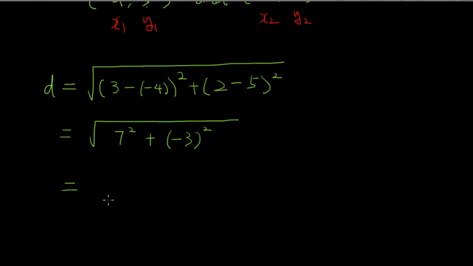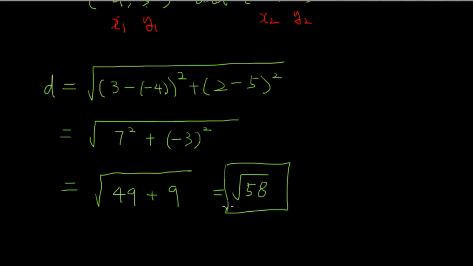And that would be 7 times 7, 49, plus 9. So that's the square root of 58. And that's a fine answer by me. You don't have to put it in the calculator and get the estimated value. This would be the better answer for me anyway. All right, so there we have it. This is the distance formula.